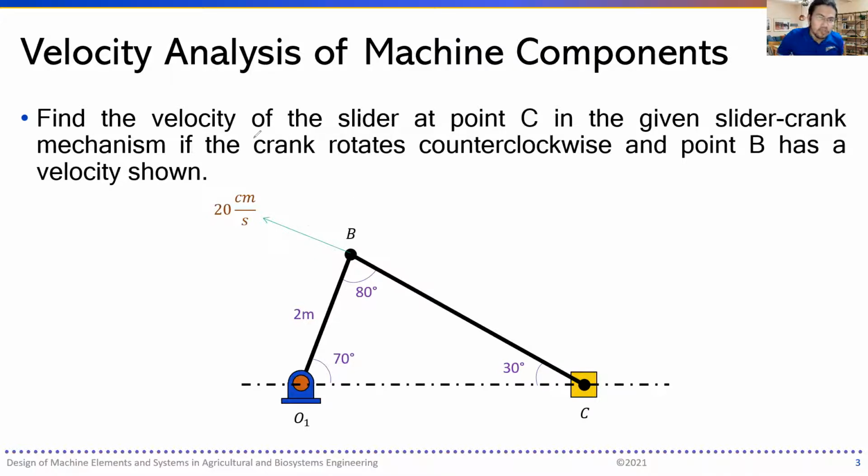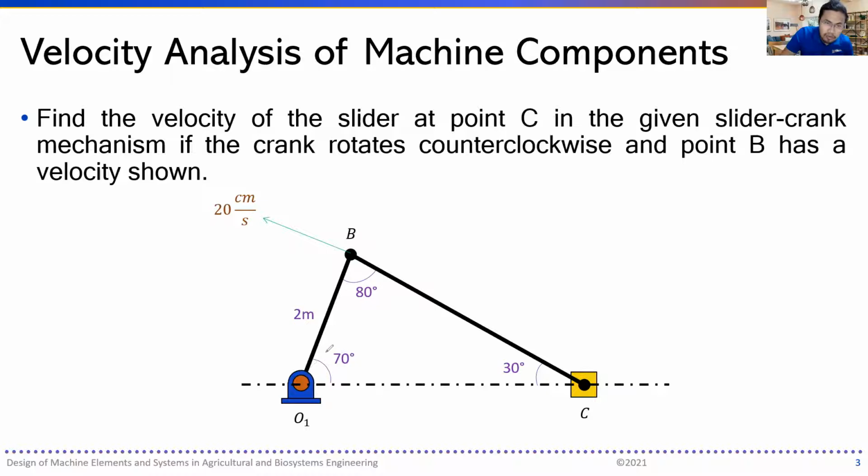Now, what is being asked is to find the velocity of the slider at point C, if the crank rotates counterclockwise as shown. So you already have the velocity of B. We have the velocity of B known.